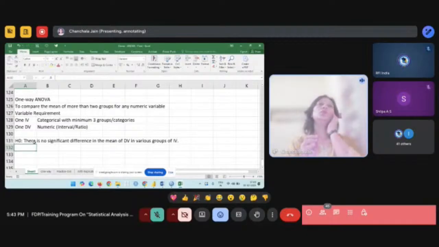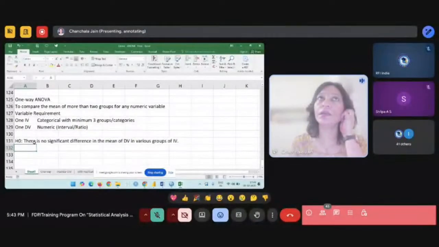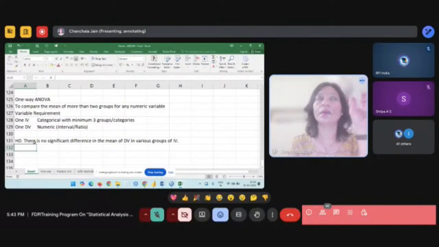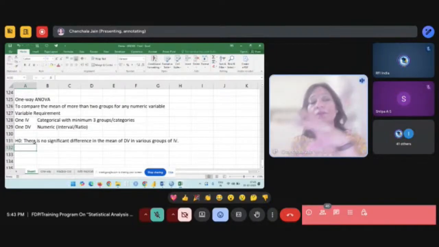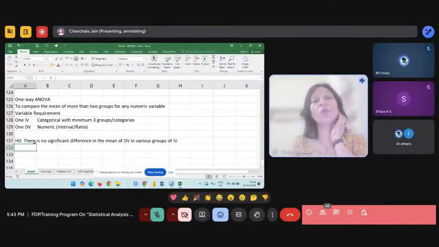Right? So suppose I am measuring the weight of 3 different groups. So I can compare the mean weight of the different groups. That way I can say I'll go for performing the ANOVA.